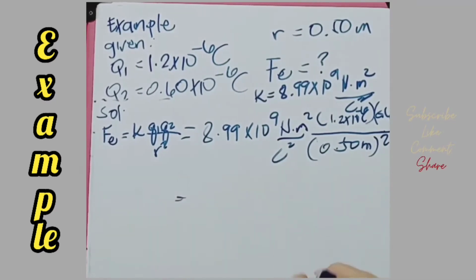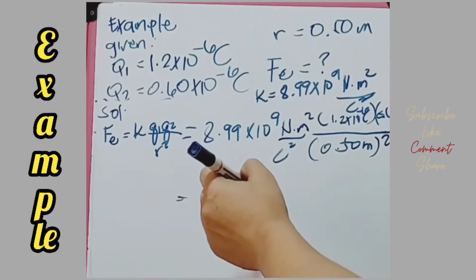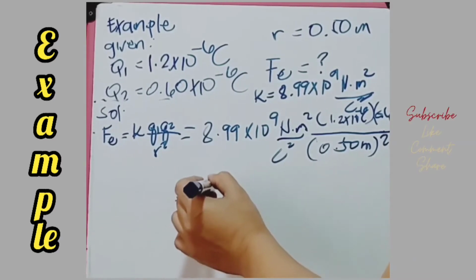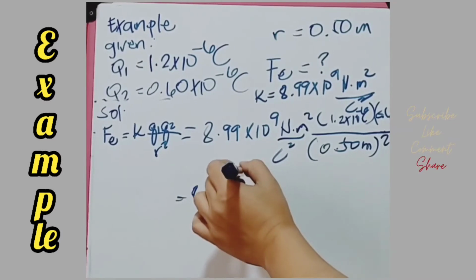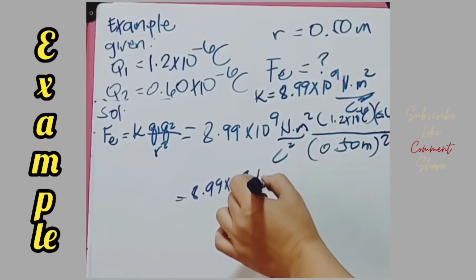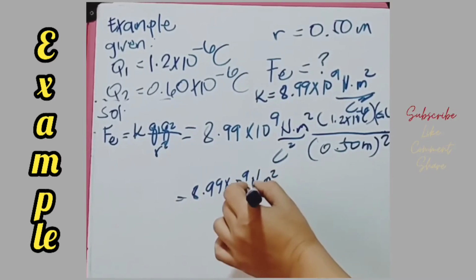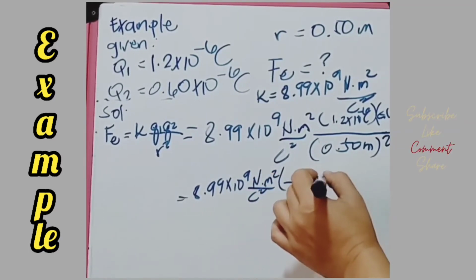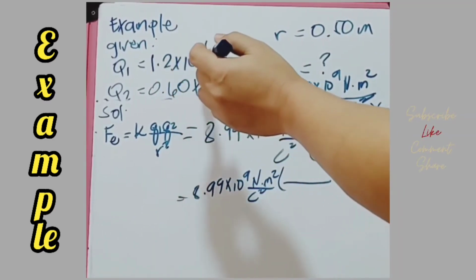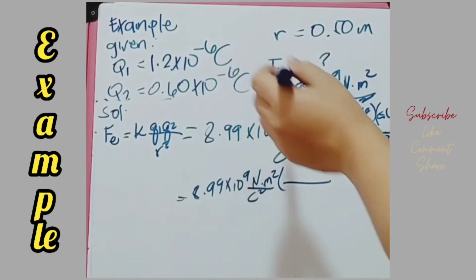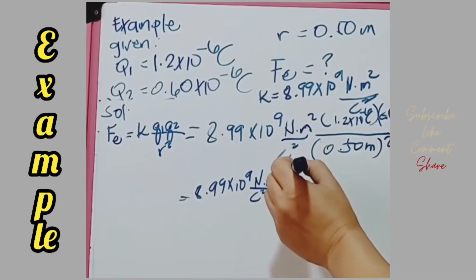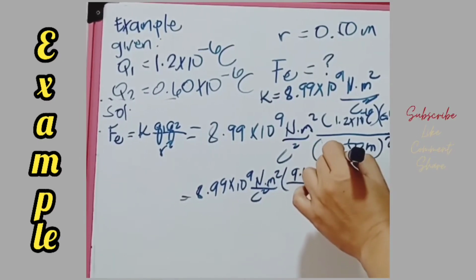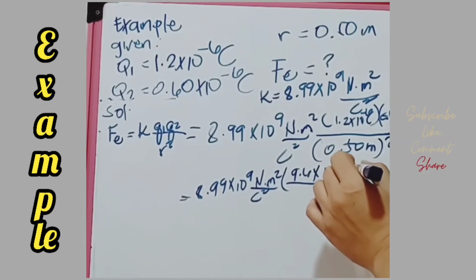So that is equal to, bring down, 8.99 times 10 raised to the power of 9 Newton meter squared over C squared, times the product of 1.2 times 10 to the power of negative 6 and 0.6 times 10 to the power of negative 6, is equal to 9.6 times 10 negative 13 C squared.